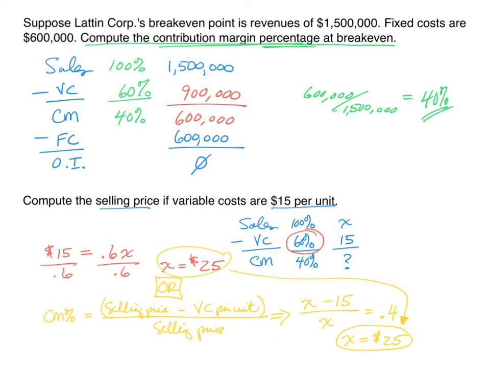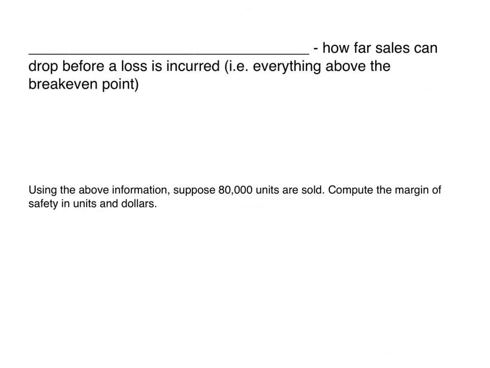So keep this information handy. For the next slide, we're going to be talking about margin of safety. And we're going to use this data for an example about margin of safety. Okay, so let's first start off with defining margin of safety.